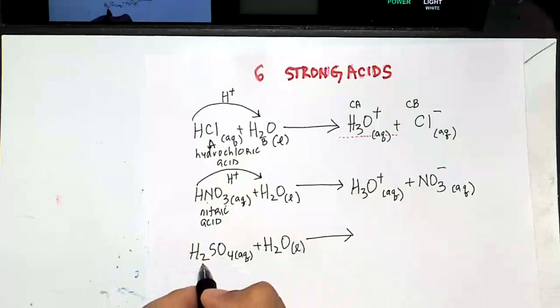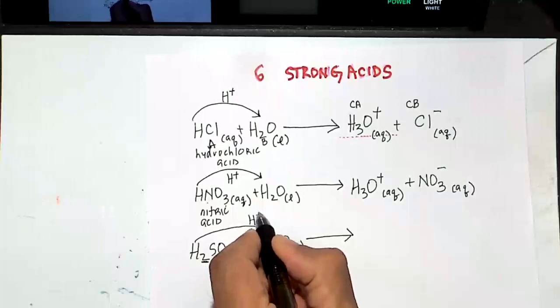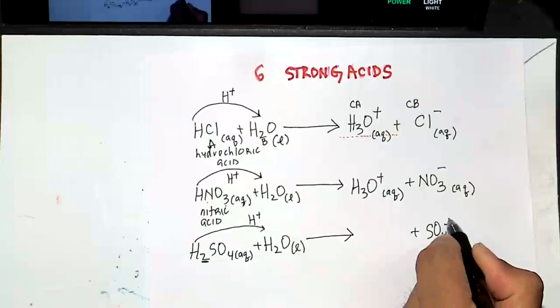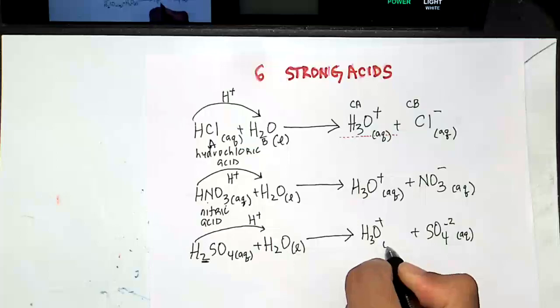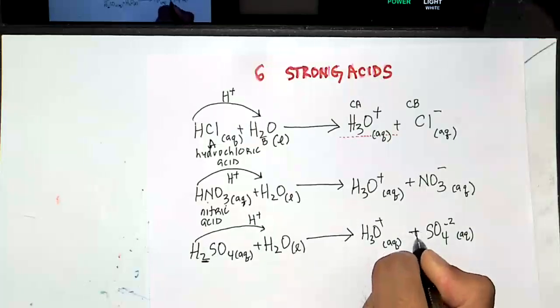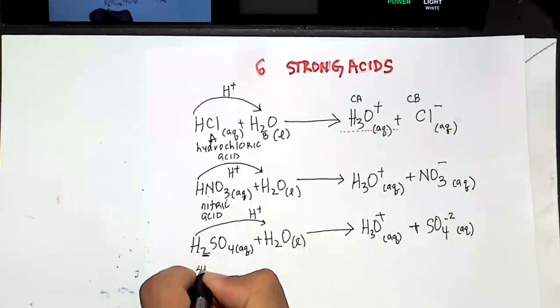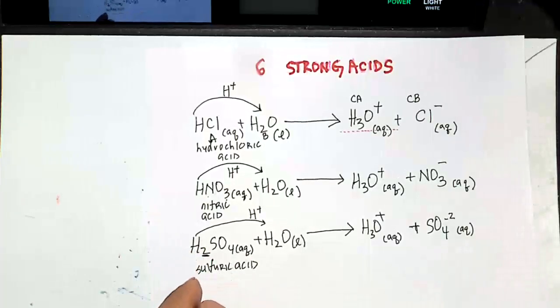Sulfuric acid can donate 2 protons, but I'm just saying the first one is powerfully acidic. It donates an H+, and when it donates an H+, it becomes sulfate, the conjugate base, and H3O+. This is called sulfuric acid. Number 4 is hydroiodic acid.